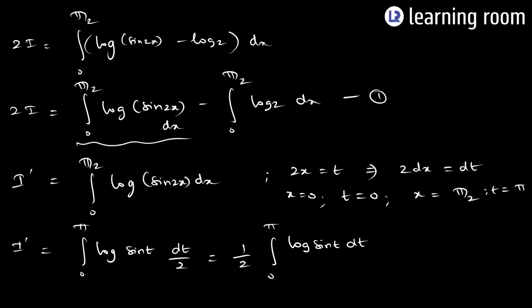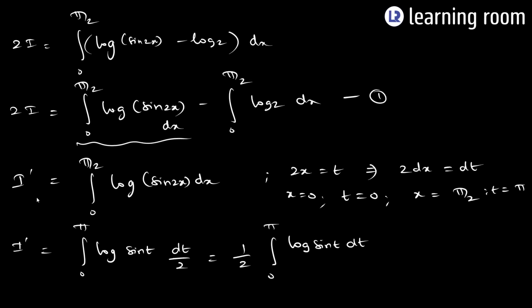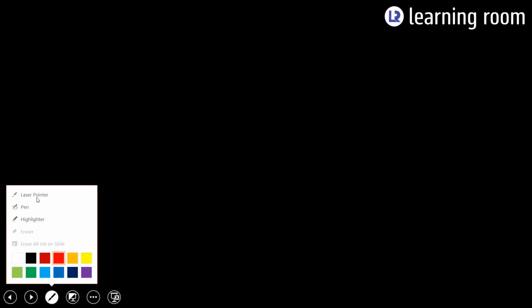Clear? I hope it is clear up to this. I want you all to revisit a property like this: integral of 0 to 2a can be written as integral of 0 to a f of x plus integral of 0 to a f of (2a minus x) dx.